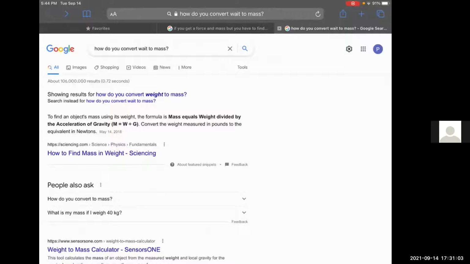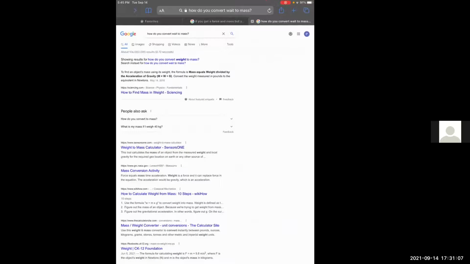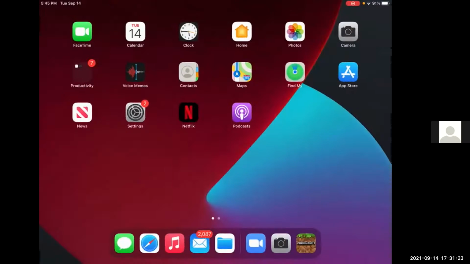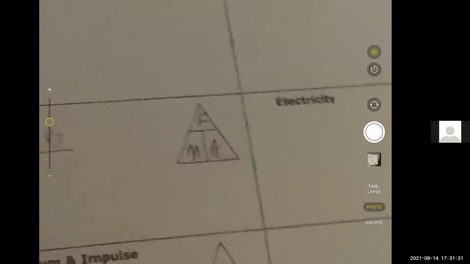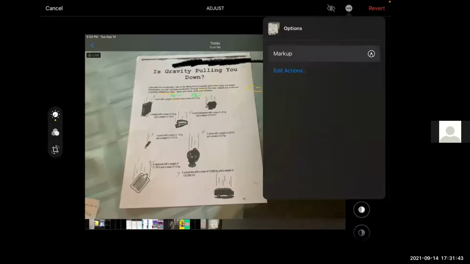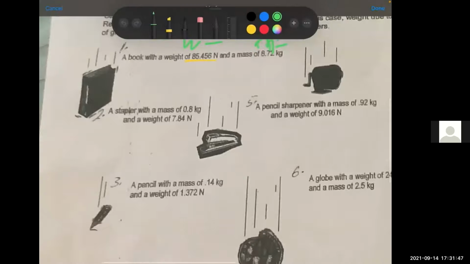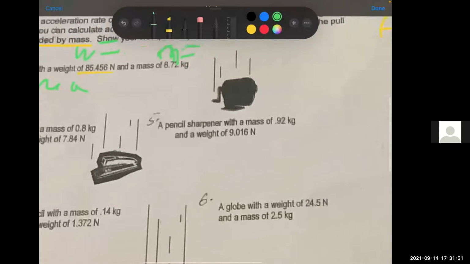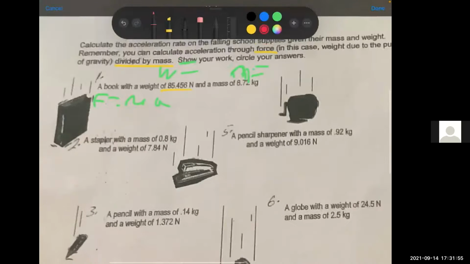Okay, let me see. Force equals mass times acceleration.